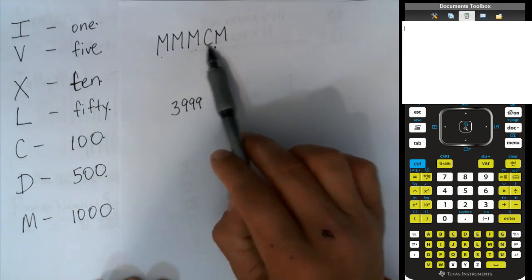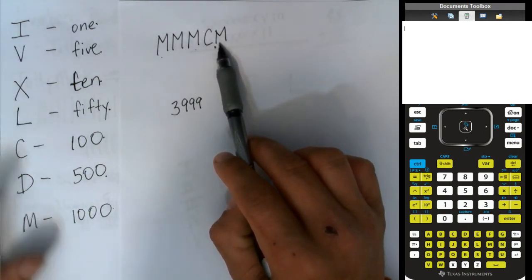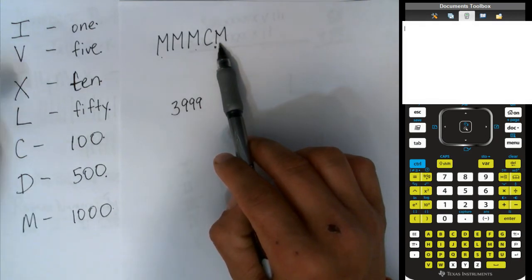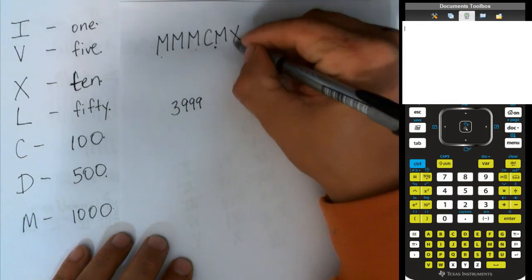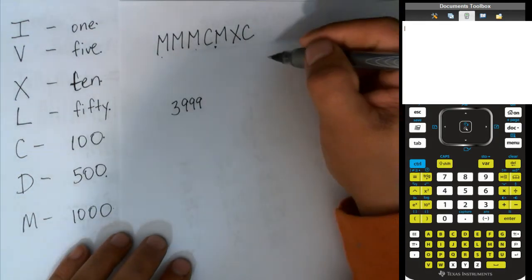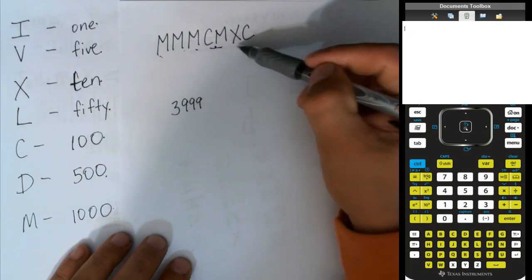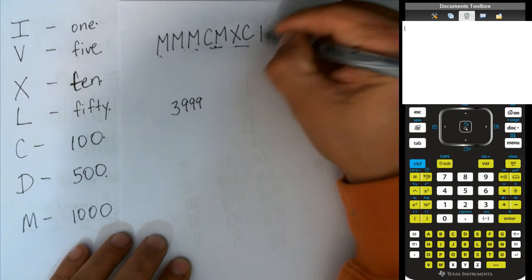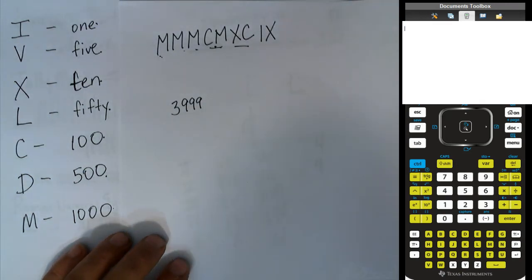Then that's 900. 90 is XC. And then we have 99. So 3,999 is MMMCMXCIX. Okay, so that's the biggest number that we can do so far.